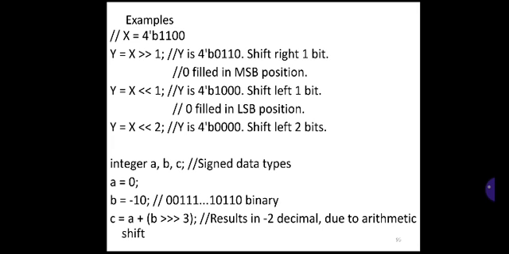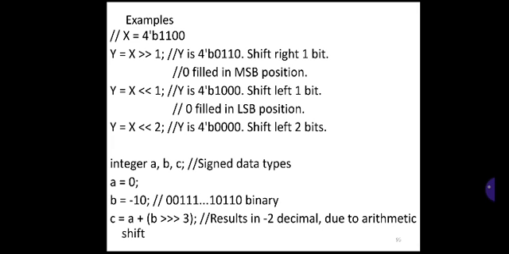The examples: x equal to the 4-bit binary number 1100. y is equal to x right shift one time. So x is 1100, shift right side one time.